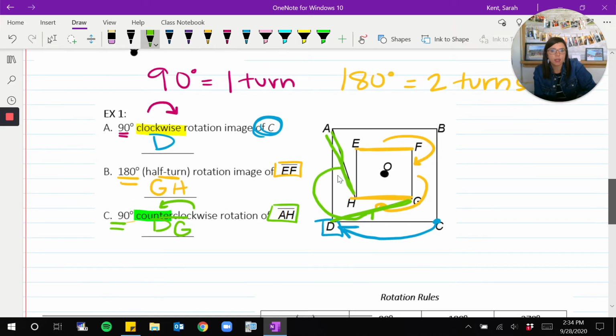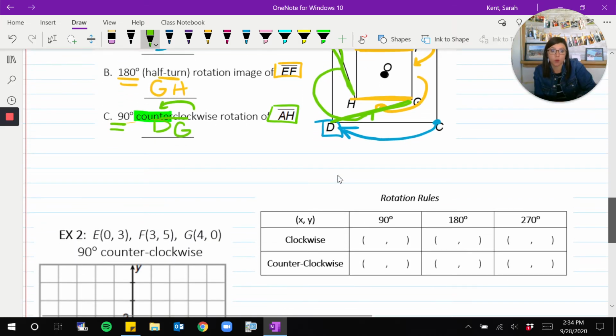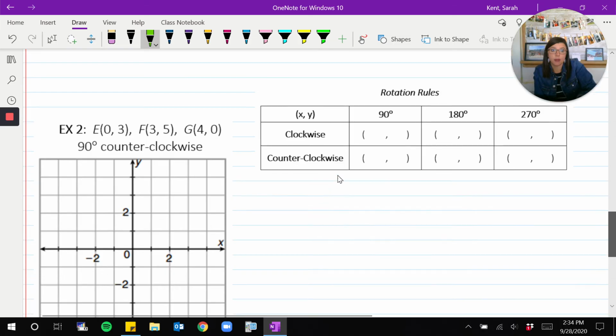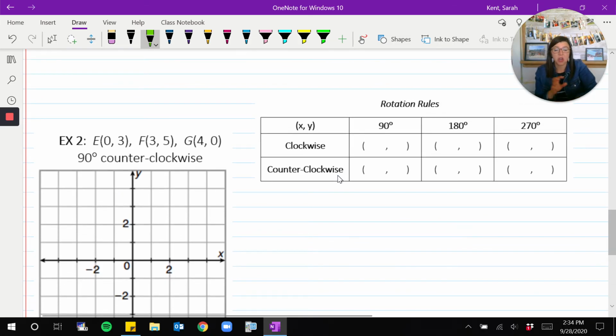So on the next part, you will want to write these down. These rotation rules are really weird. So I would write these down, put a big star by this to make sure you have these, because this is going to help you know what your new point will be. So for 90 and 270, the X and the Y are going to switch spots. So these will all flip positions.